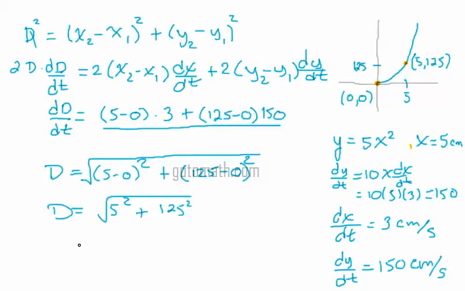What does that end up being? I don't know, some big number. I think it actually reduces down to something, but anyway, I'll just write that right here: 5 squared plus 125 squared.